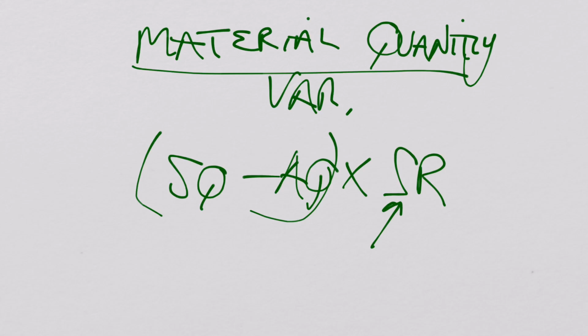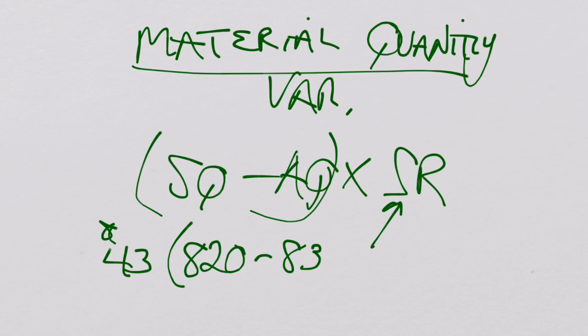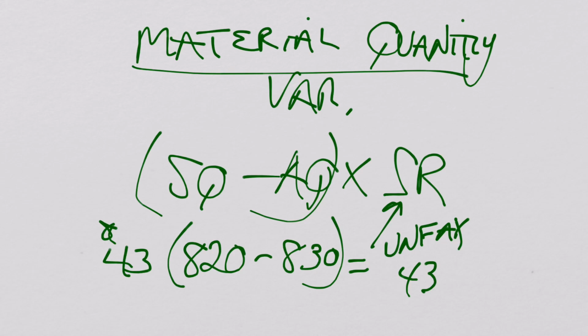So, for example, if the standard rate was $43, we were supposed to produce 820, but it took us 830 units to produce, so that's a negative number. And this is going to be unfavorable, and actually the math will come out to $43 or whatever it comes out to. You can do the math yourself and figure out what, oh, it's $4.30. $4.30. So it comes out to $43.